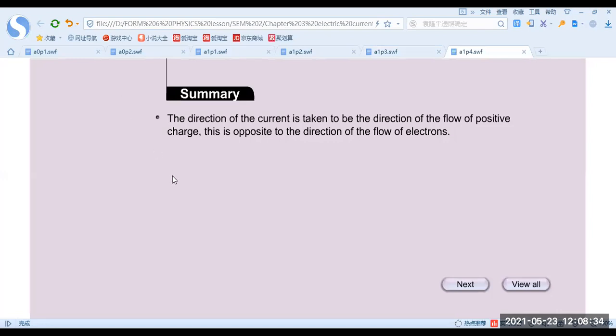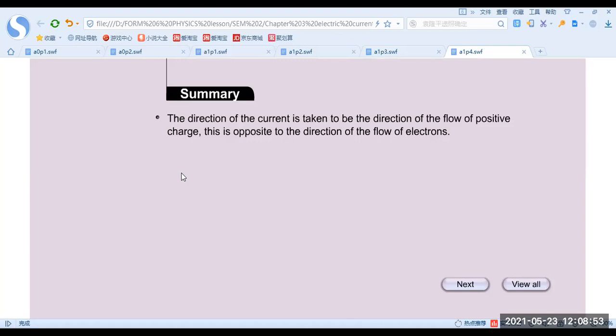As a conclusion, we can say that the direction of the current is taken to be the direction of the flow of positive charge. This is opposite to the direction of the flow of electrons.